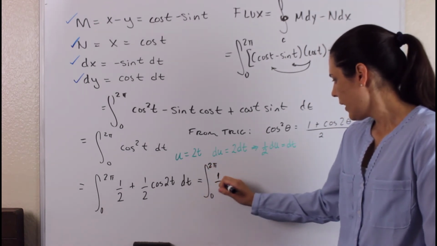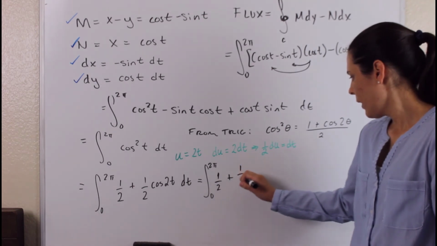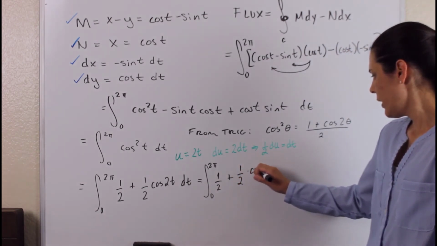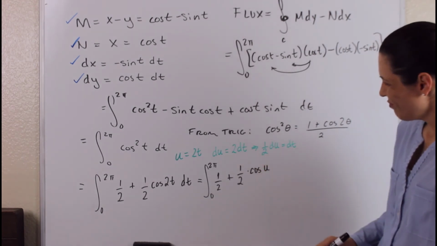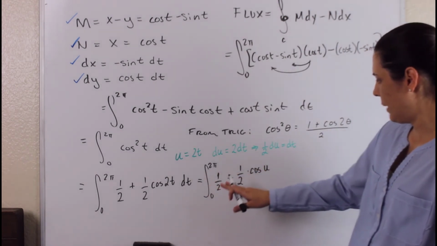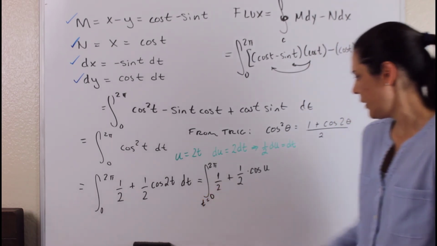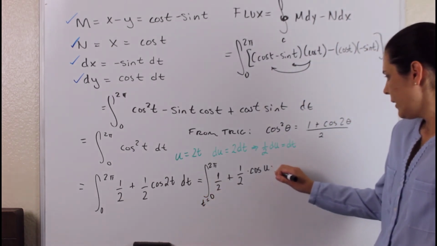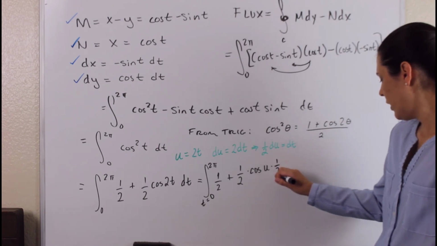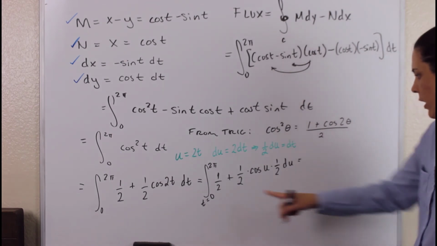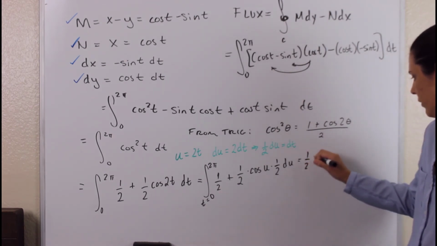So we have 1/2 plus 1/2. This is going to be cosine of u. Well, I should technically change my limits, or let me just put it like this. Make it very clear. This is still t. u times 1/2 du. Okay, so let's go ahead and evaluate. The integral of 1/2 is 1/2 t.